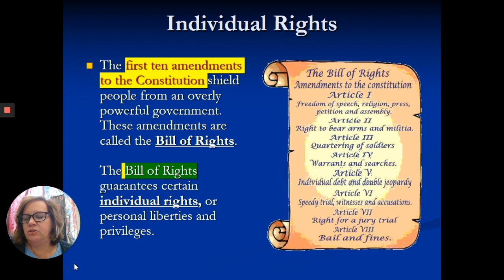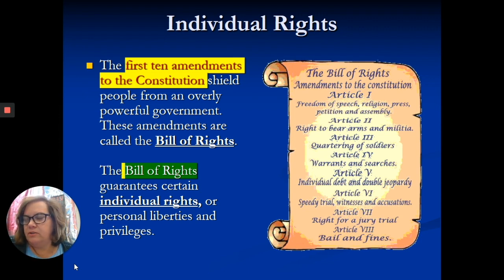When we talk about securing the rights and the blessings of liberty in the goals, one of the ways that they ensured that our rights were going to be secured was through the Bill of Rights. So individual rights are the idea that, remember with John Locke, that we have natural rights. We have the right to life, liberty, and property. And one of the reasons that we enter into a social contract with government, and we agree to a certain amount of order, is so that they will protect our rights.